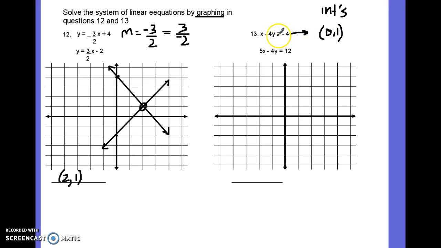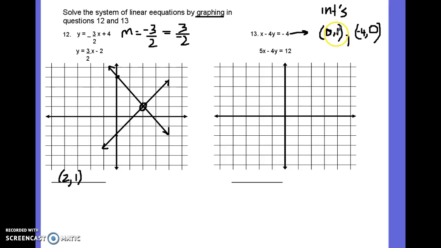And for the x-intercept, when y is 0, I'm covering the y term because when y is 0, then x is what? X is going to be -4. So when y is 0, x is -4. So that would give me the points I need for the first line.